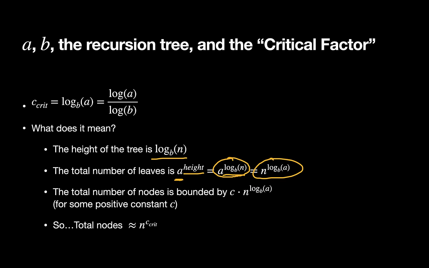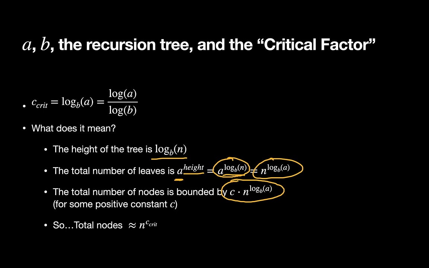Okay, really the big takeaway here is that's the number of leaves, but the total number of nodes is actually bounded by a constant times that. Okay, I'm not going to go into a full derivation of that, but you can do a little bit of work and convince yourself that if you know the number of leaves, you can multiply by some constant, and it will be greater than the total number of nodes in the tree.